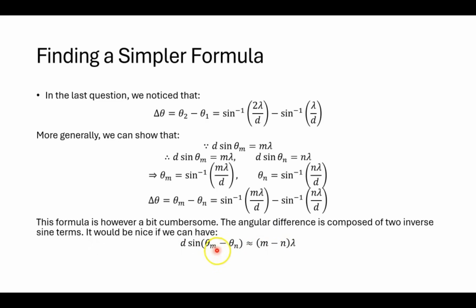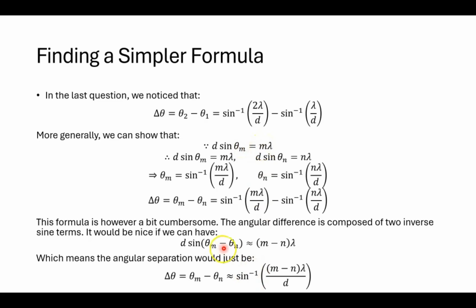So what we have done here is we basically just replaced this and this with their difference version. And if this relationship is true, the angular separation will simply be: you divide this d over to the other side and take the inverse sine. And you see now it's just 1 sine term. It's much easier than the last one.